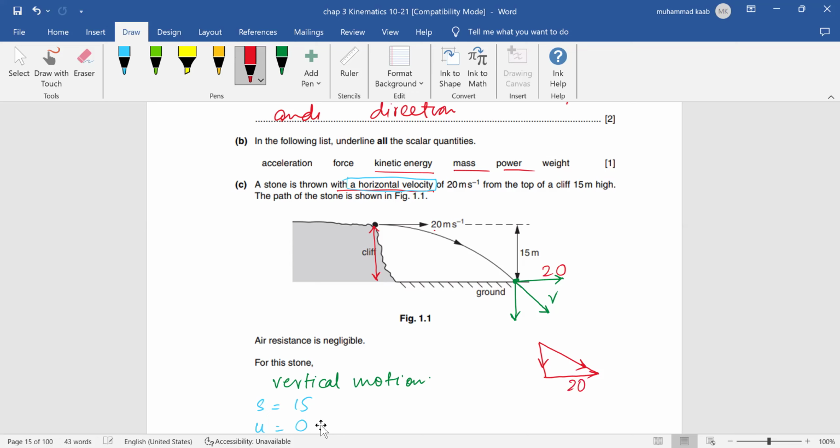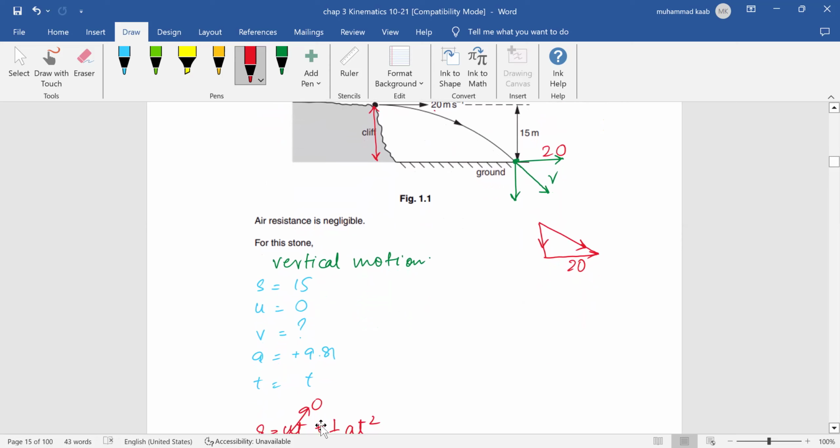What will be the vertical velocity at the final point? We don't know it. Can we find it? Yes, sir, using the equation of motion. Very good. We know that the time is 1.75, and we are interested in the final velocity.